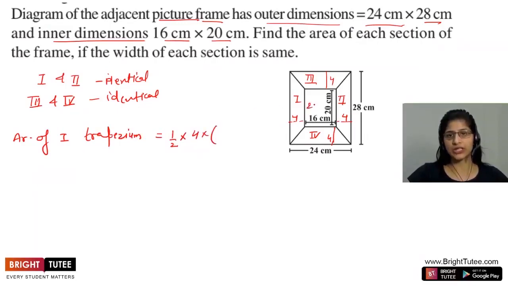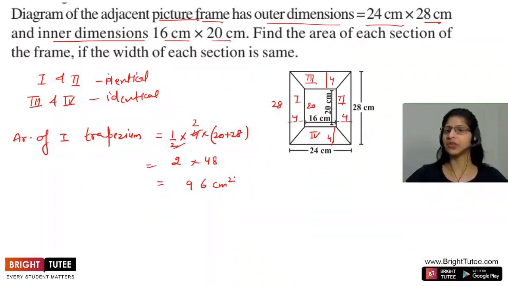This side is 20 and this side is 28. So 20 plus 28 is 48. 2 twos are 4, 2 8s are 16, 2 4s are 8 and 1 9. So 96 square centimeter is the area of the first.